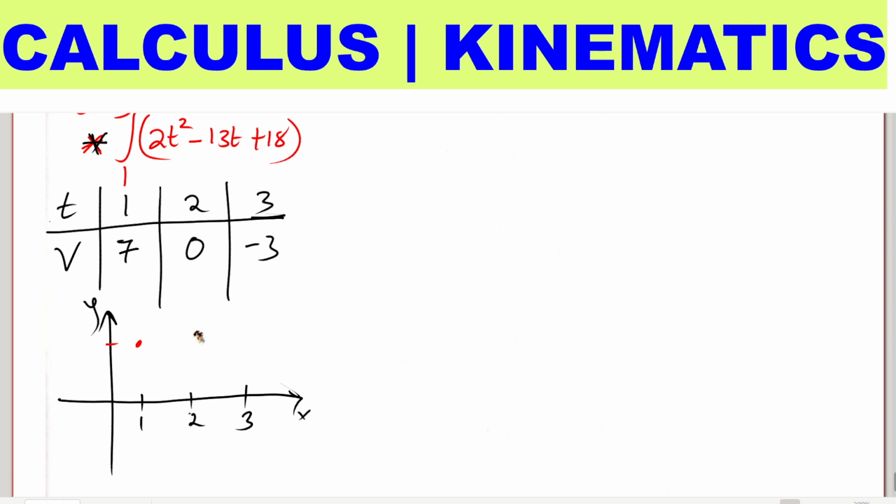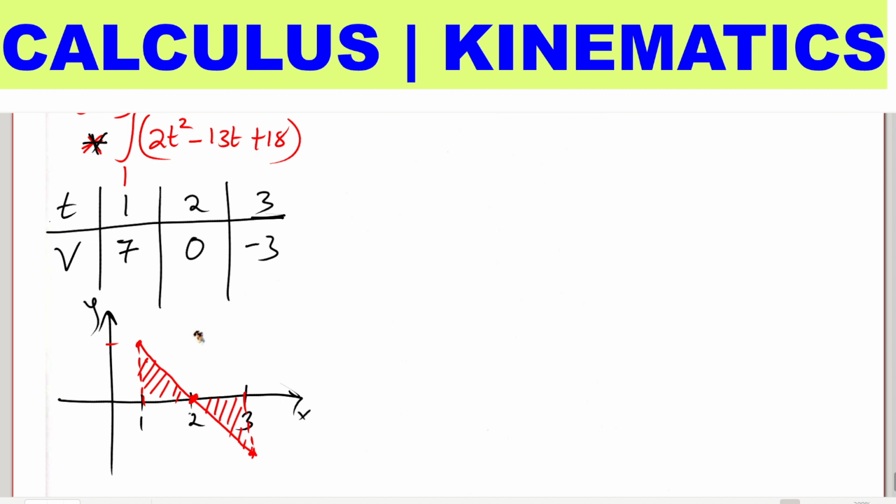Then 2, 0 will be here. Then 3, negative 3, let's say negative 3 will be here. When you draw a sketch, this is something you're going to observe. The part between 1 and 2 lies above the x-axis. Then the area between 2 and 3 lies below the x-axis.